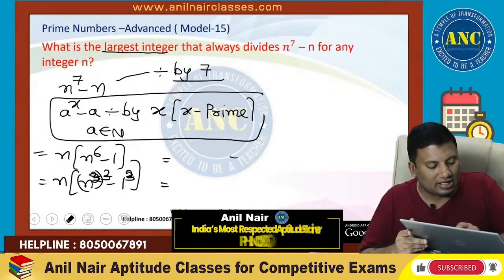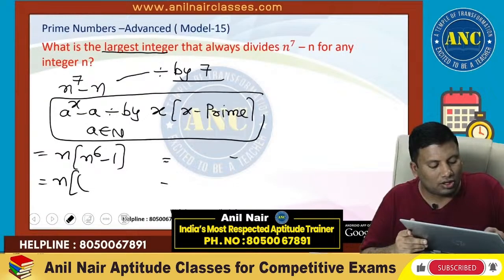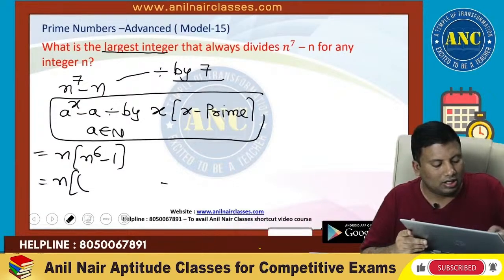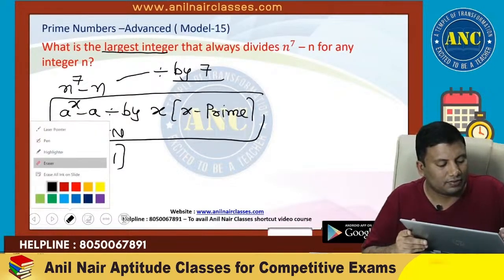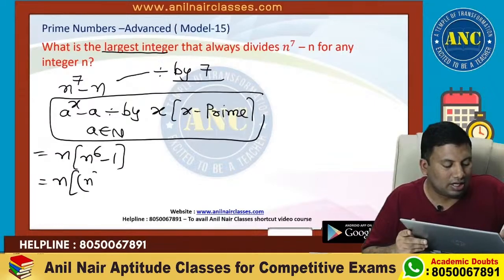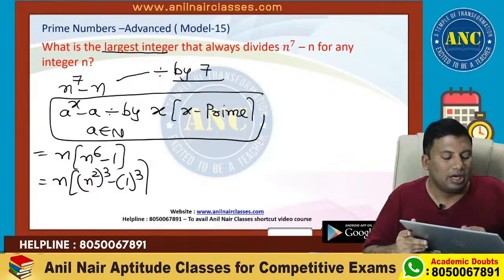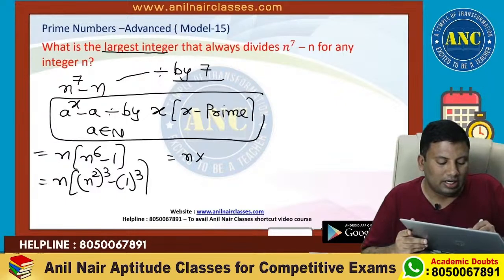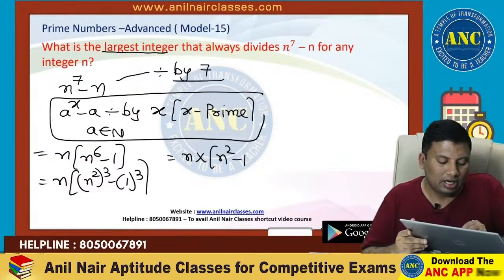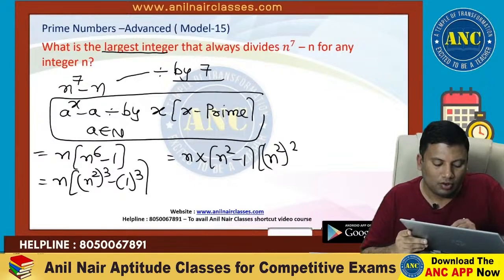Using a cube minus b cube, it is n into n minus 1 into n square whole square plus n square plus 1.